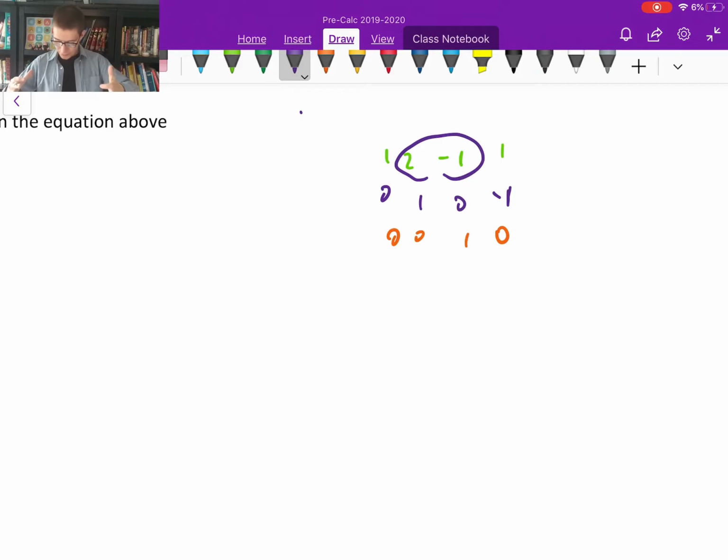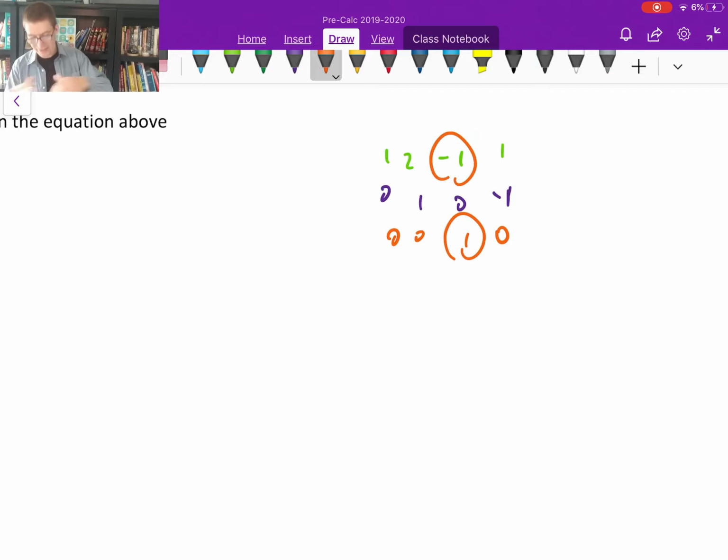Okay, here we go. I want to get rid of these two variables, these last two. And to do that, we're going to add both of the equations in. I'll start with the orange one. Because this negative 1 is the same value as this one, I can add the two equations together, and I'll get a new equation.